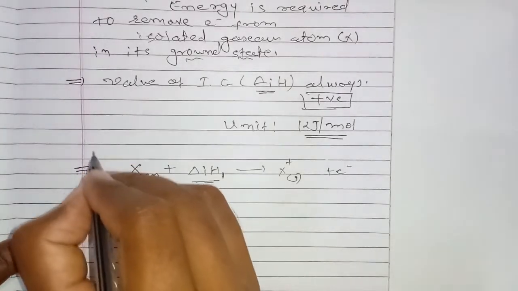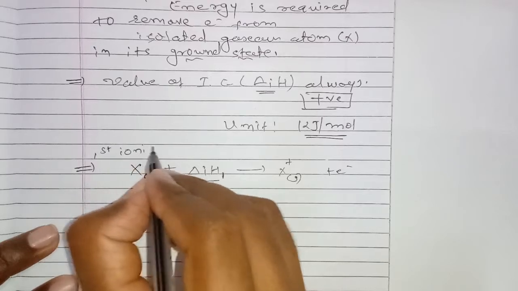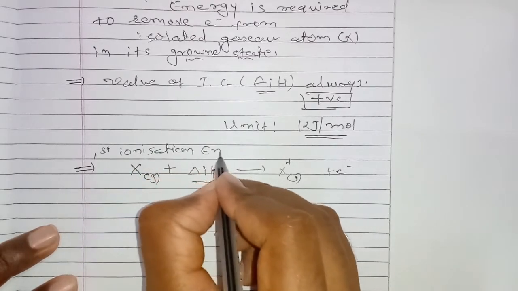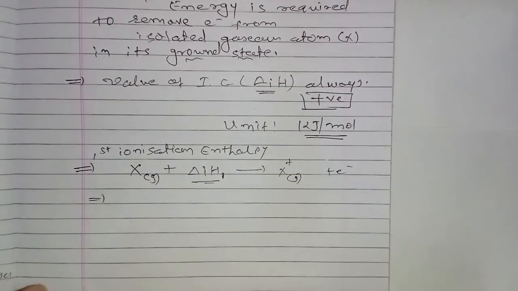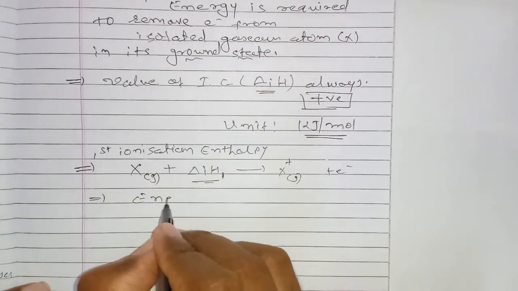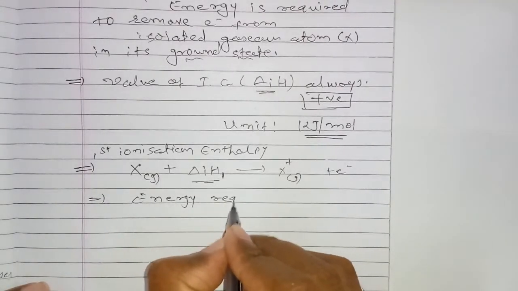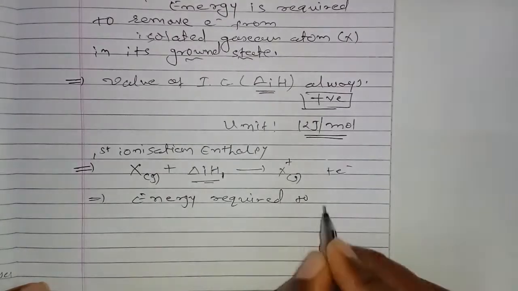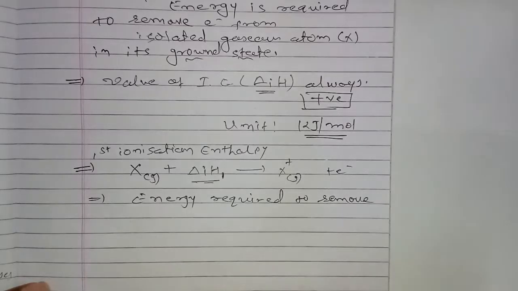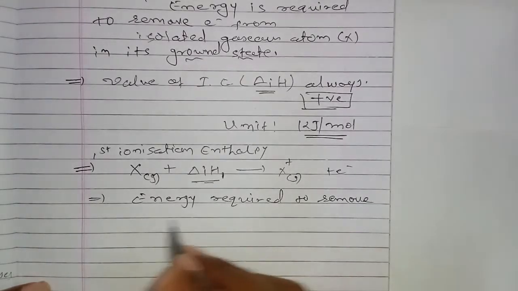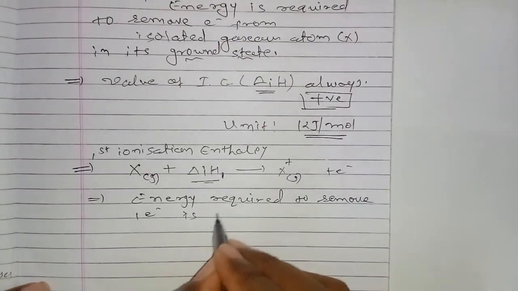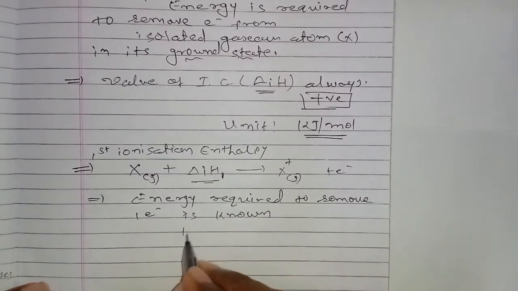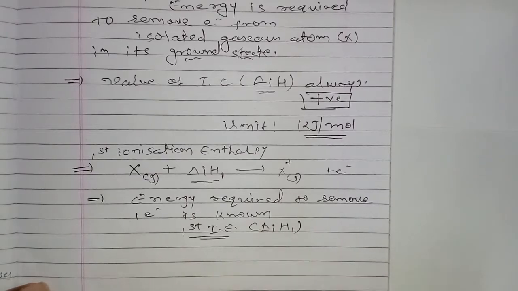The energy required to remove one electron is known as first ionization enthalpy, delta I H1.